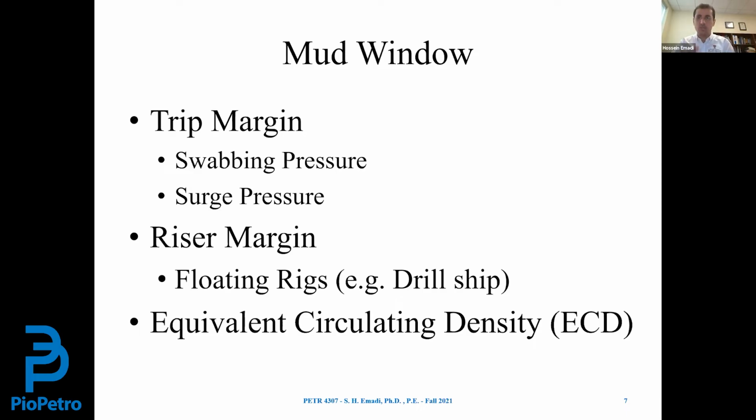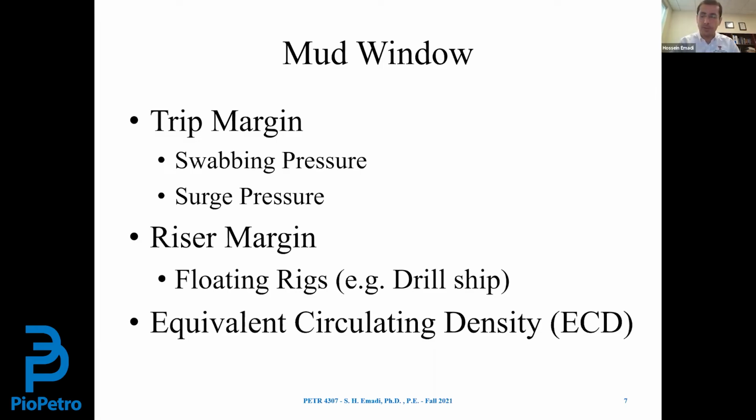As soon as we turn on the pumps and start pumping, the bottom pressure increases. Why? Because the pressure at the bottom of the well will be equal to the hydrostatic pressure plus the pressure drop due to friction inside the annulus, or the annular section. And we know that the pressure drop due to friction is more than zero. So bottom pressure will be more than hydrostatic pressure.